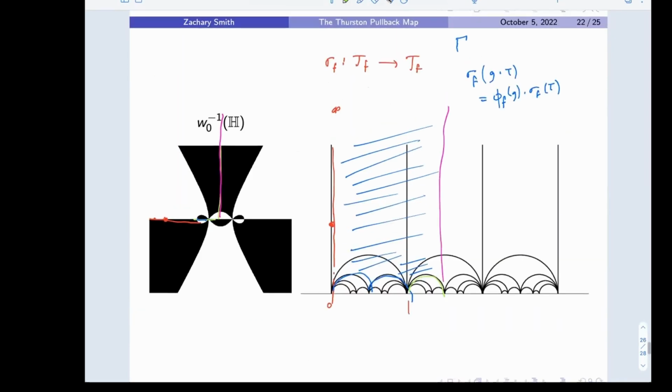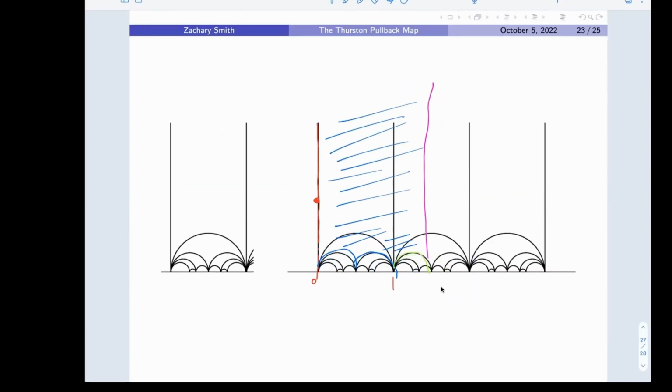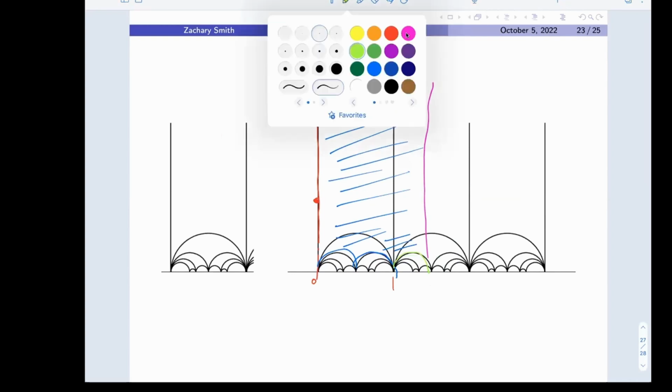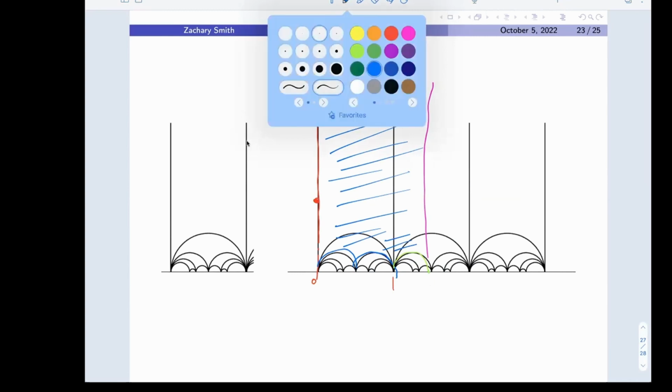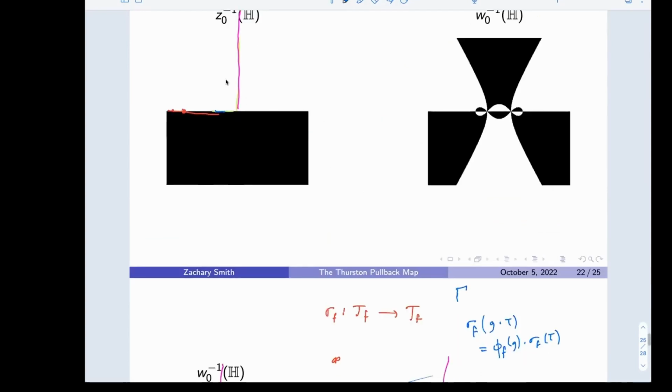So let me copy this again. It ends up being the case that we're just going to stay on and inside the boundary of our 0, 1, infinity triangle according to this picture here.